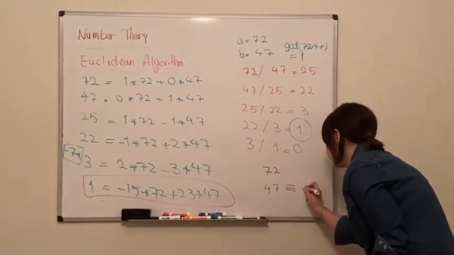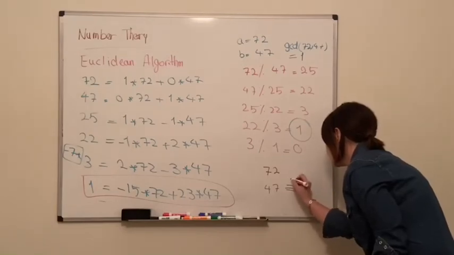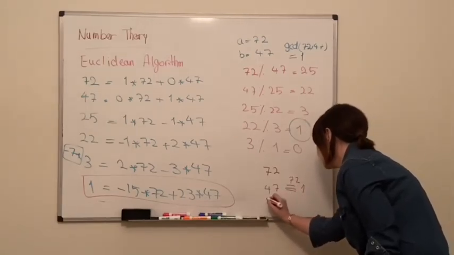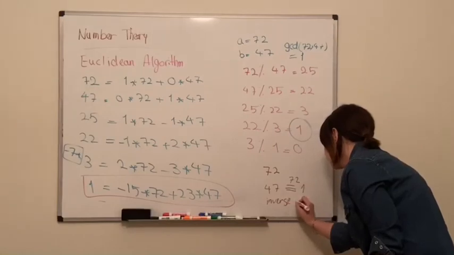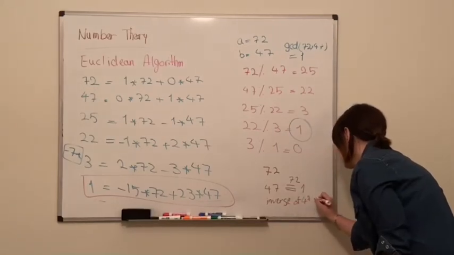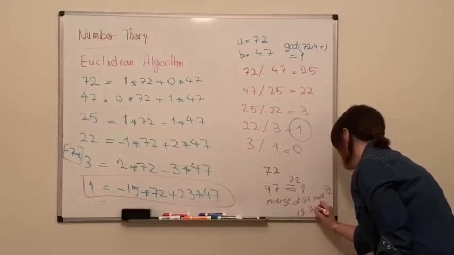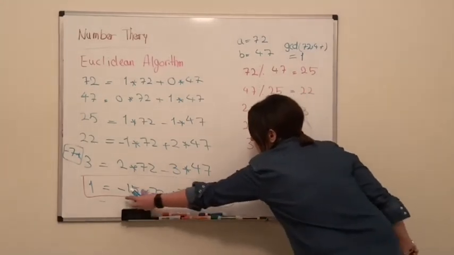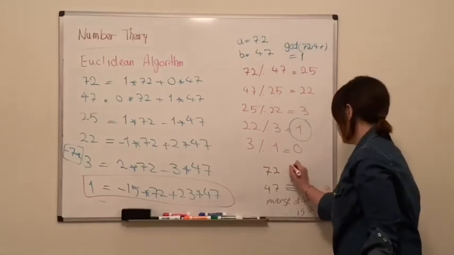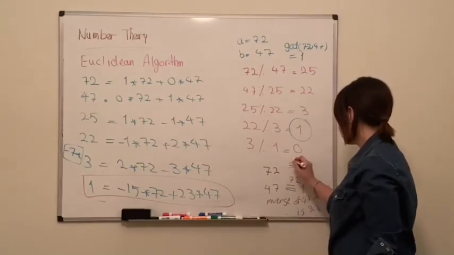So it has an inverse, and the inverse of 47 mod 72 is 23, and negative 15 is actually the inverse of 72 mod 47.